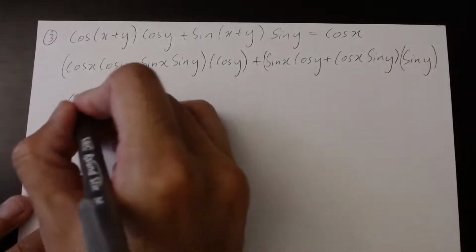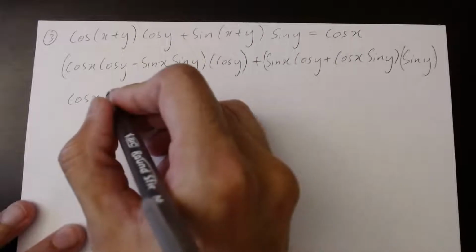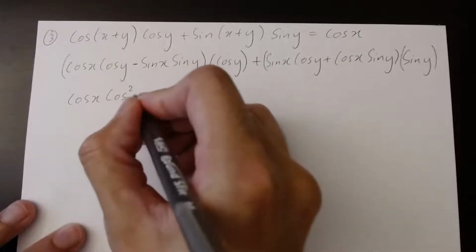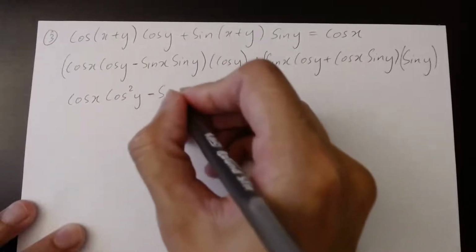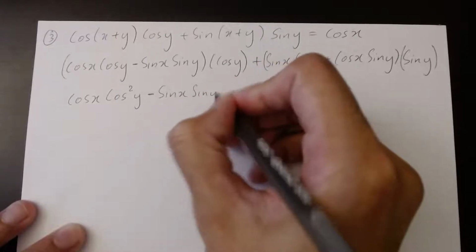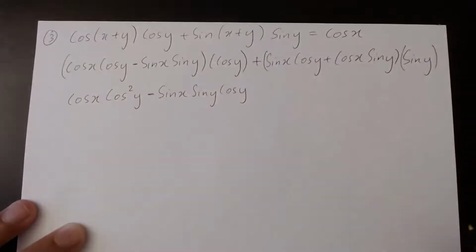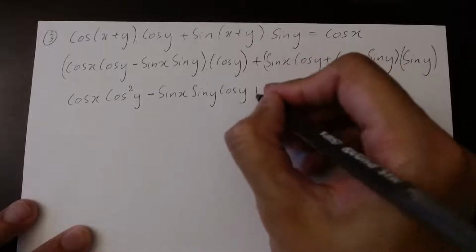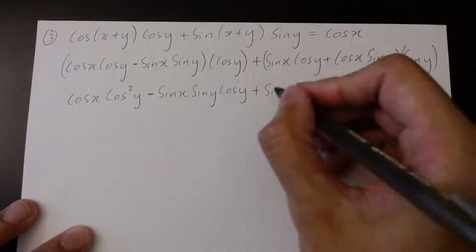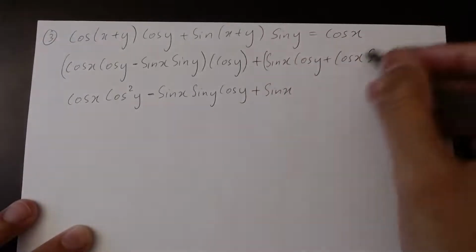I want to distribute this by multiplying it by both terms. So this is going to become cos x cos square y minus sine x sine y cos y. And this is going to become plus sine x. I'm multiplying the sine y into this bracket.